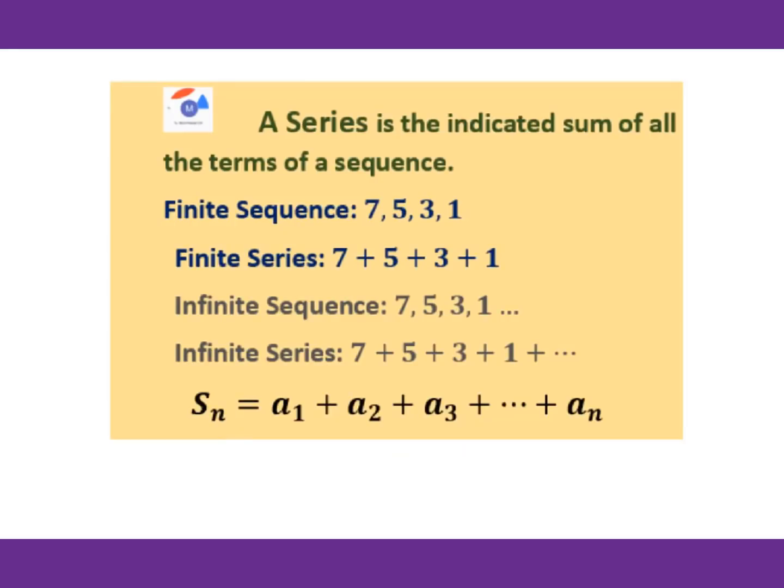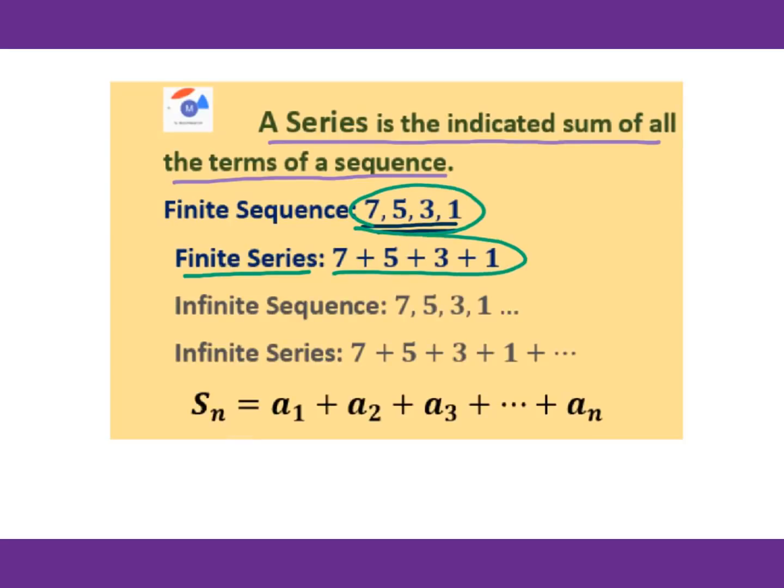A series is the indicated sum of all the terms of a sequence. We have a finite sequence like this. A finite series means I add all the members of a sequence. A series is the sum of the terms of a sequence.